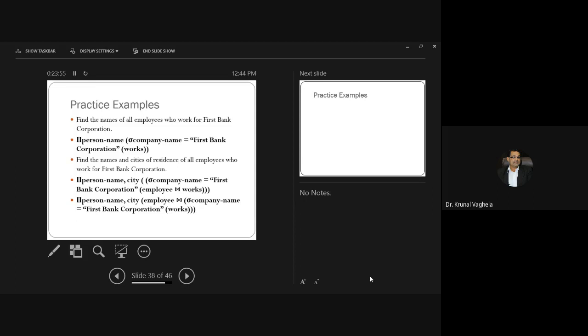But here, all the records will be joined, and we have seen that join will generate a huge table. So the second one does first filter, then join. Here first join, then filter. So second one is better. Got the point?